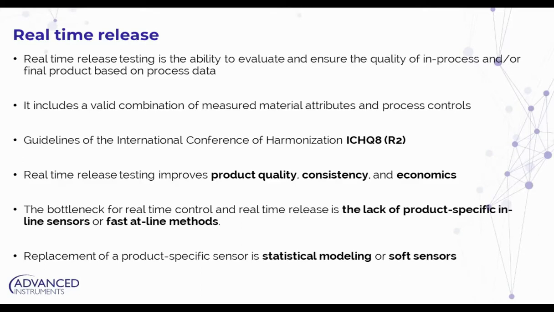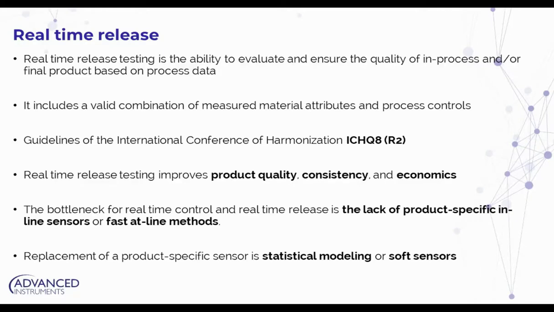There is a guideline available for a couple of years already from the FDA and the International Committee of Harmonization, the ICH Q8 guideline on real-time release. We should be aware that real-time release helps us to improve product quality and consistency, but also adds a lot to economics, because it is assumed that with real-time release, batch failures can be substantially cut down.